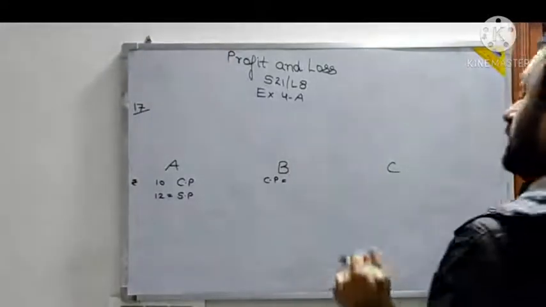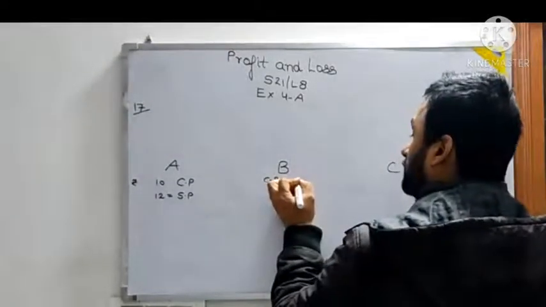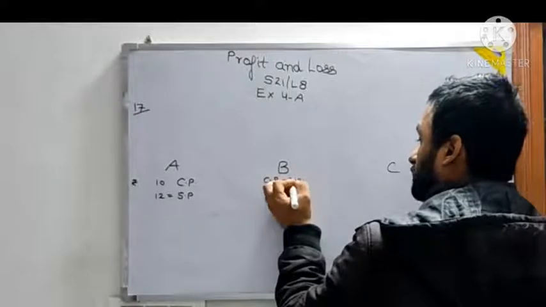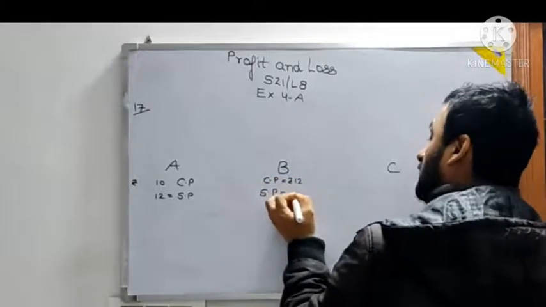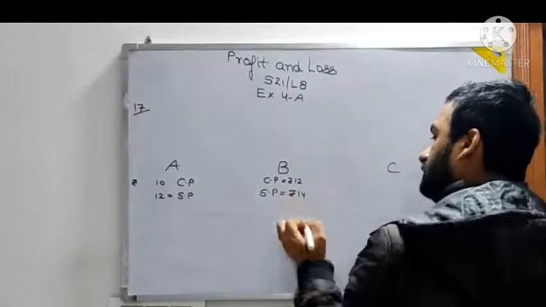But if B purchases it, then 12 rupees becomes the cost price for B. And suppose B also wants profit, so B will sell at rupees 14.